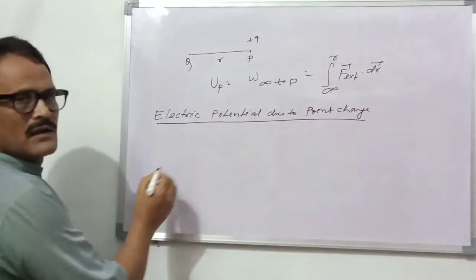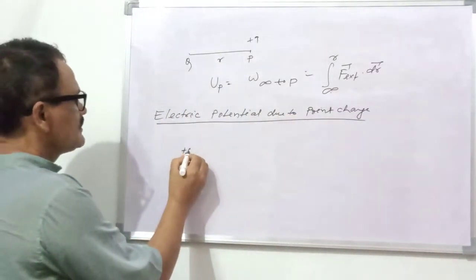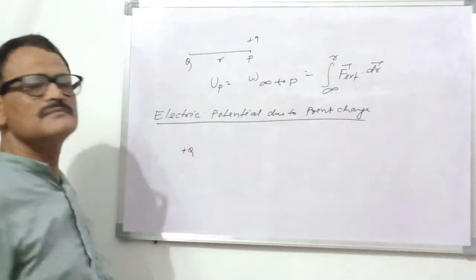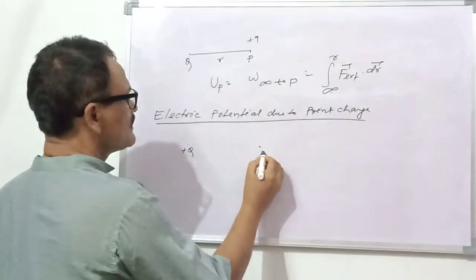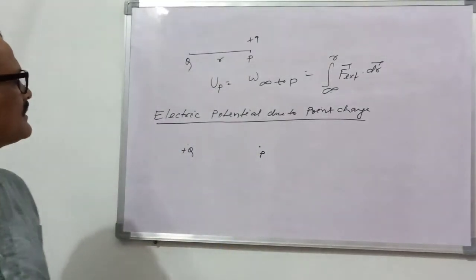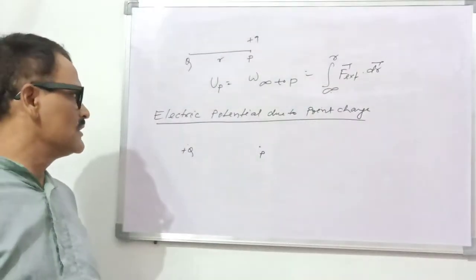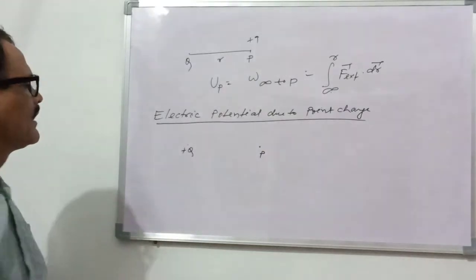Suppose this is the point charge plus Q, and this is a point P at which we have to calculate the electric potential.